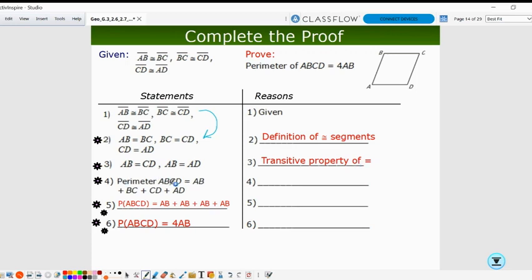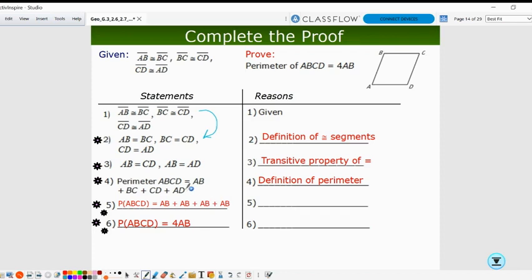Next, we say the perimeter of this shape is equal to AB plus BC plus CD plus AD. That's your definition of perimeter. Remember, perimeter is the distance around the outside edge of your shape. Next, we're just abbreviating perimeter to say the perimeter of ABCD is equal to AB plus AB plus AB plus AB.